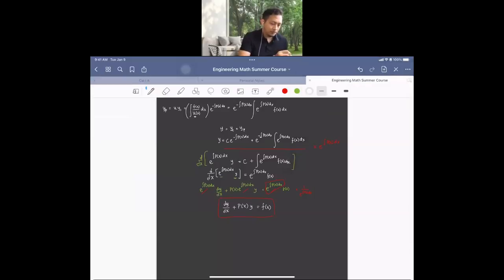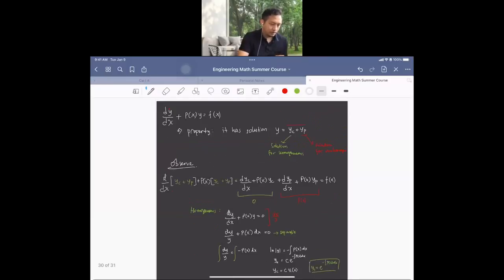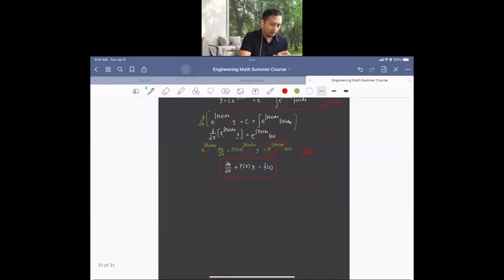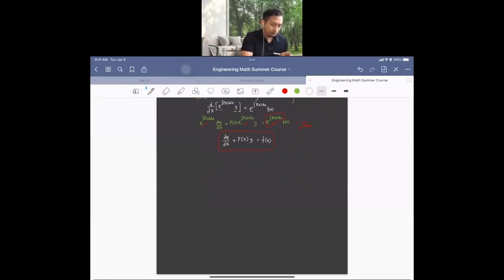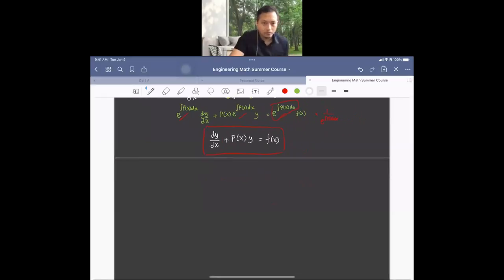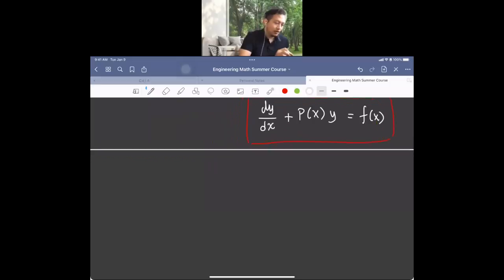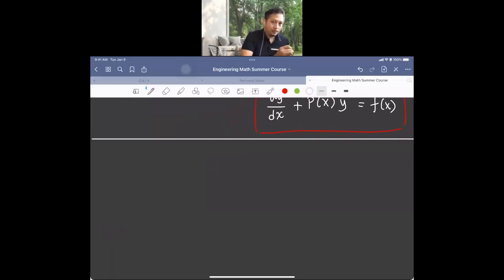Let me write dy/dx plus p(x) y equals a function of x.